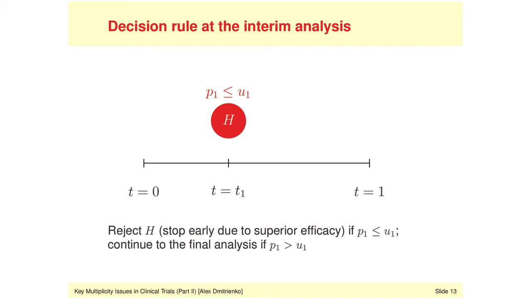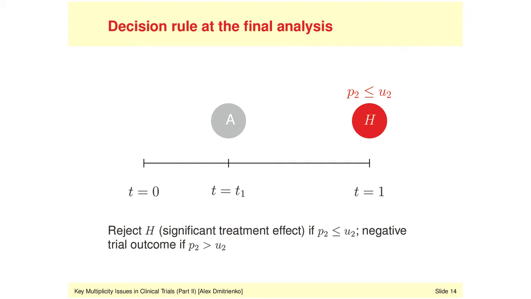If this condition is not satisfied, if P1 actually exceeds U1, then a decision will be made to continue to the final analysis. This slide defines the decision rule at the final analysis. We assume here that the null hypothesis was not rejected. It was accepted at the interim analysis, and that is represented by this gray circle with the letter A. A here stands for accept, and therefore we're now interested in testing the same hypothesis of no effect at the final analysis.